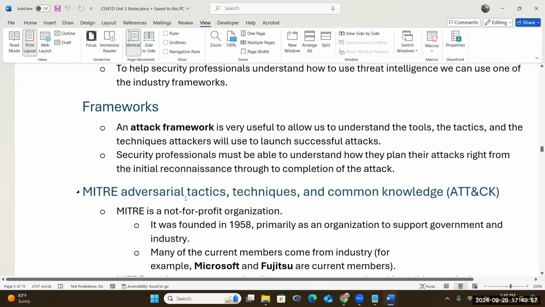So frameworks are going to give us the tools and some approaches on how we would be able to look at the attacker's perspective and what we can do to mitigate. For example, when we're looking at MITRE ATT&CK, this is just a common knowledge base where we would be able to look at techniques, some type of tools that they would use in specific attacks.